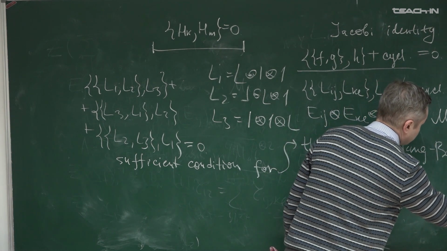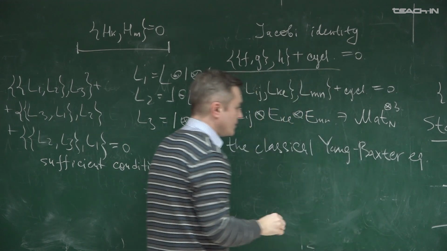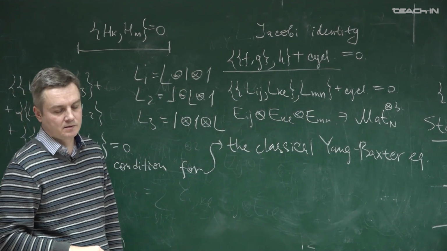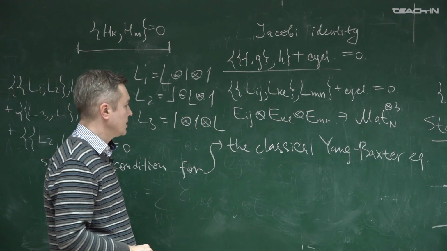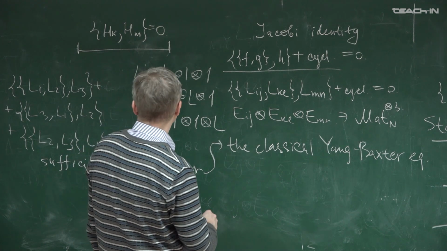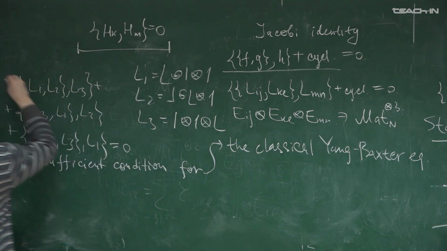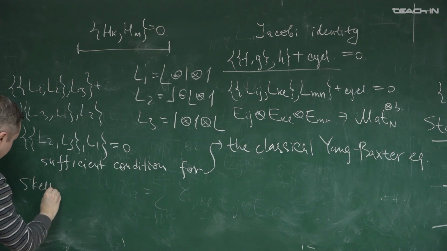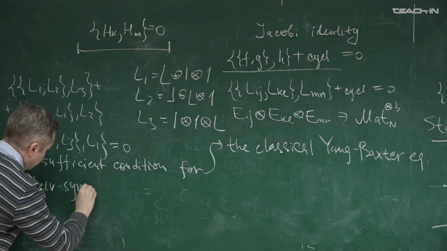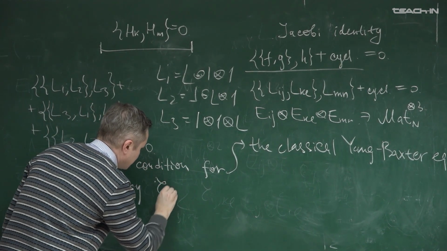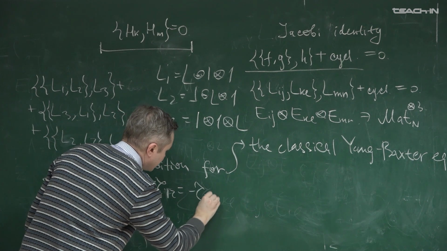Let me write this classical Yang-Baxter equation in a special case when our matrix is skew-symmetric. Skew-symmetry means that R12 is equal to minus R21.